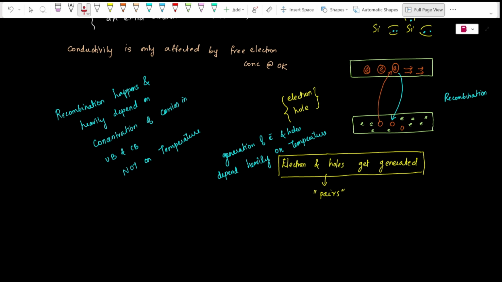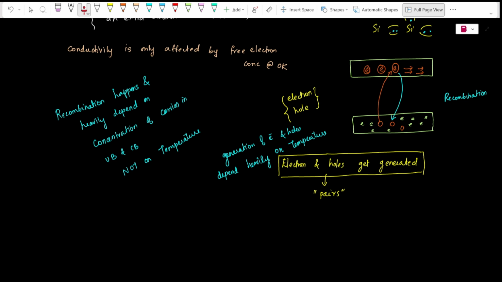Since the hole concentration is high here, the hole concentration is low there. Similarly, the electron concentration is high in the valence band and low in the conduction band.